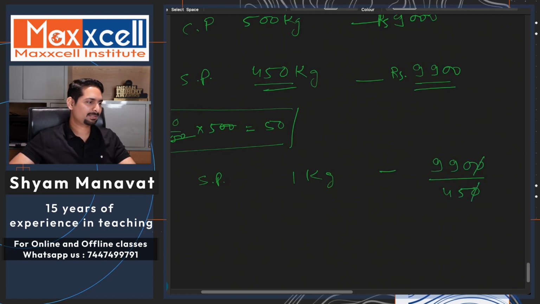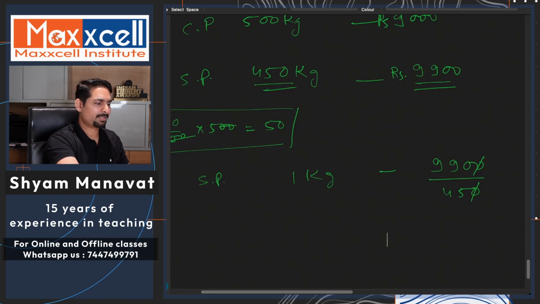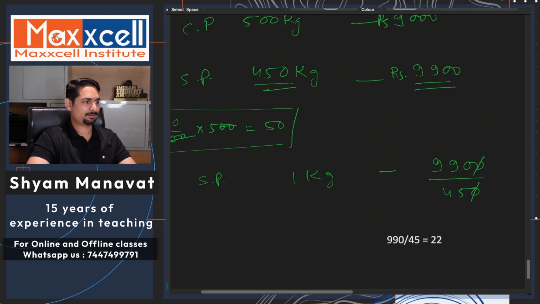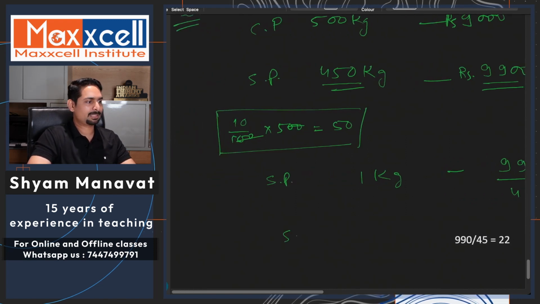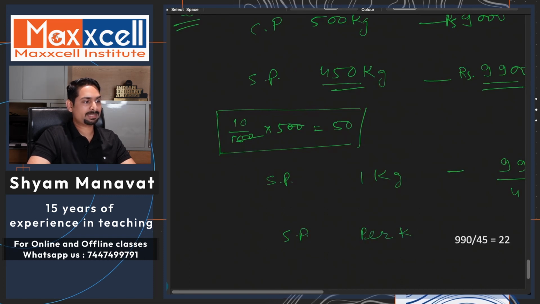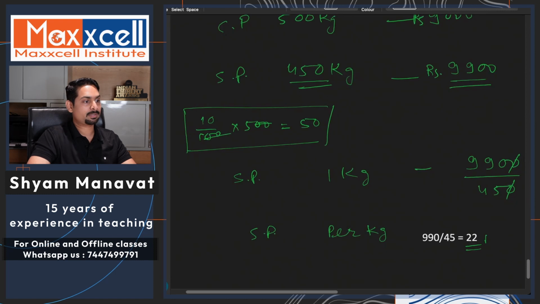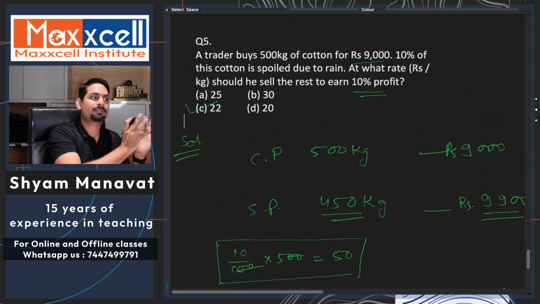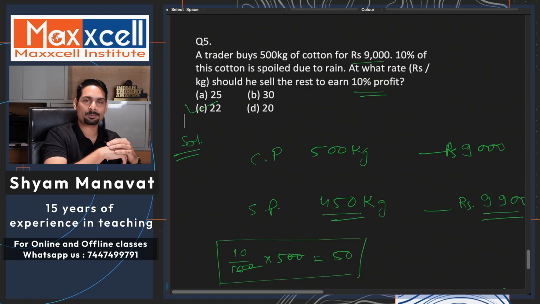Cancel this out and simplify, you will get the answer. 990 divided by 45 gives you 22. So the selling price per kg should be 22 rupees, so that he can gain 10% even if 10% of the quantity is spoiled.